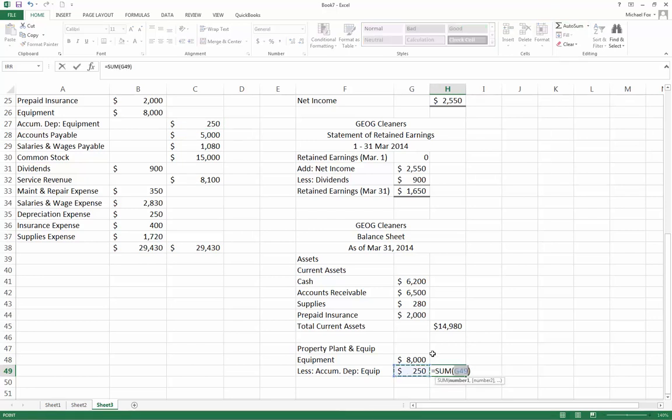So that's not a sum, actually. This will equal the value of the equipment minus any accumulated depreciation. And then we'll have a line for total assets, which will equal our total current assets plus our total property, plant, and equipment.